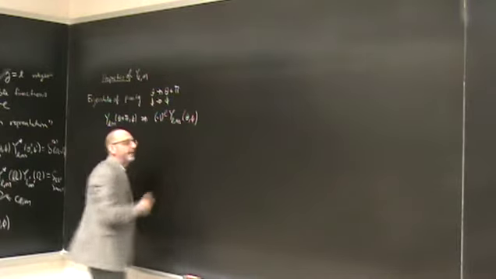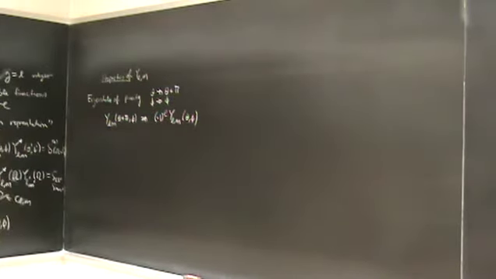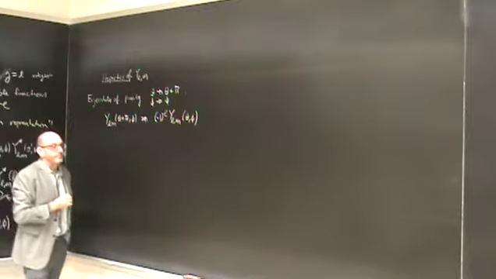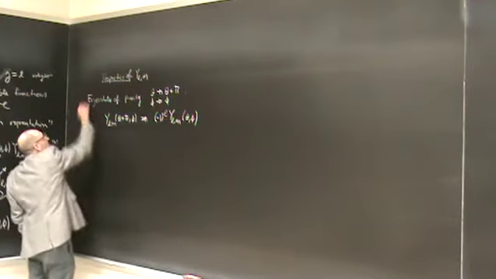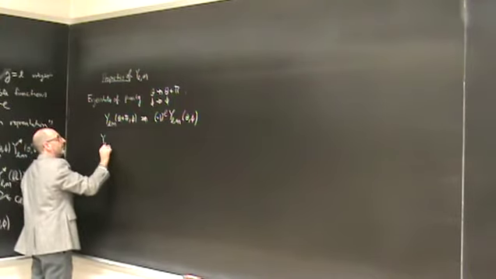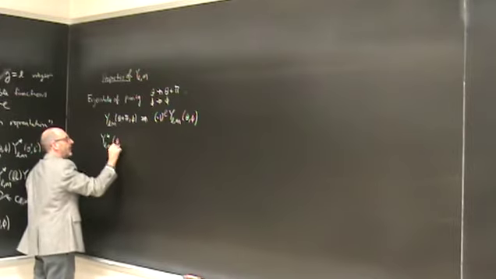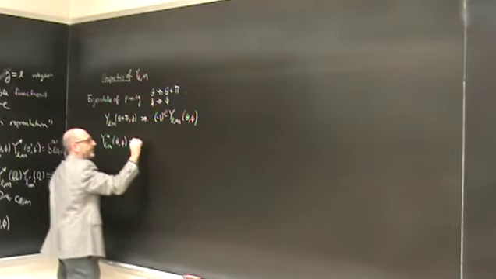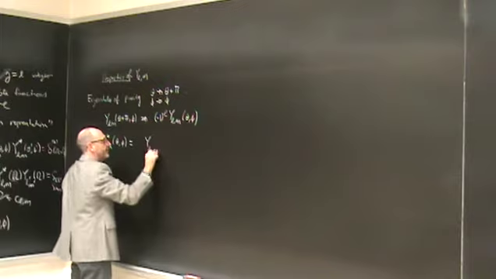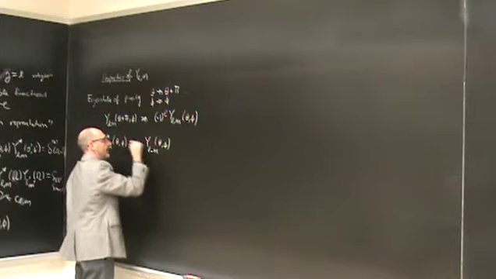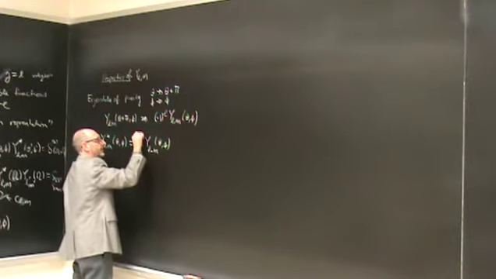It's plus 1 for even l, and minus 1 for odd l. Okay? We also have the property that if you conjugate it, that's the same thing as Y with minus m, and then a factor of minus 1. Get that out there.